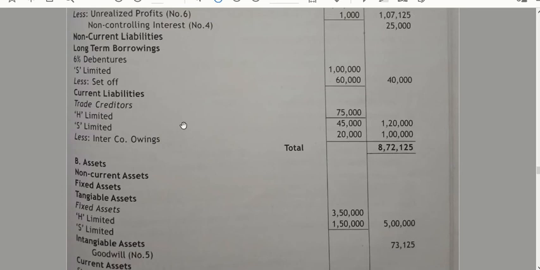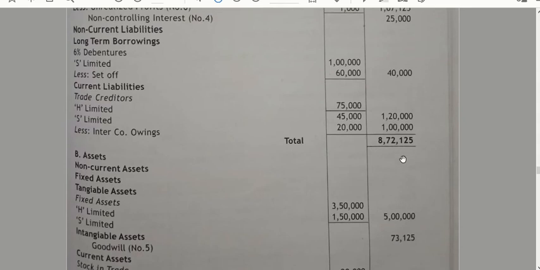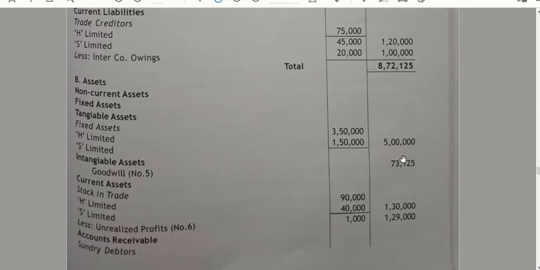So H Limited is 75, S Limited is 45, minus your 20,000. You get 1 lakh. When you total up your balance sheet, you get 8,72,125.